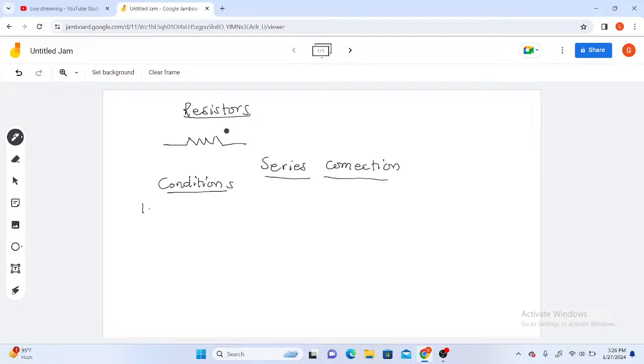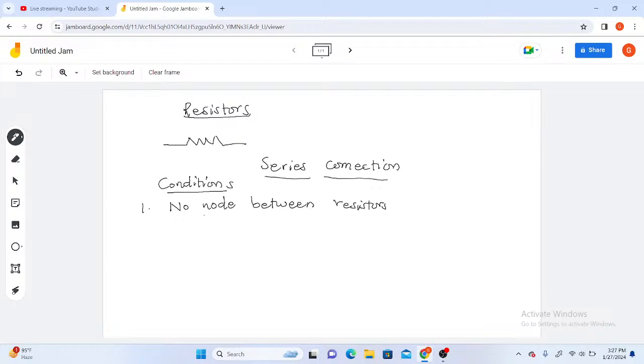First of all, for two resistors connected in the circuit to be in series, there should be no node between the resistors. And if there is no node between them, then obviously the same current is going to flow through the two resistors.